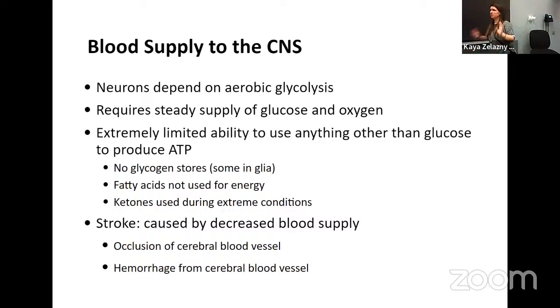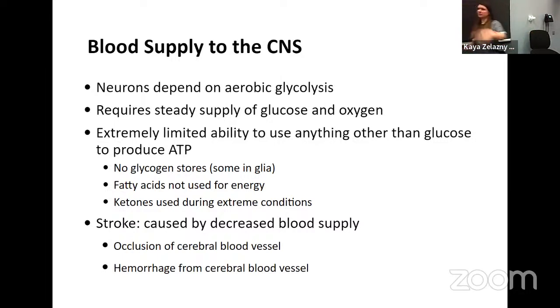Super limited ability in your nervous system to use anything other than glucose for energy, right? If you are literally starving and dying, maybe you can use some ketones, right?